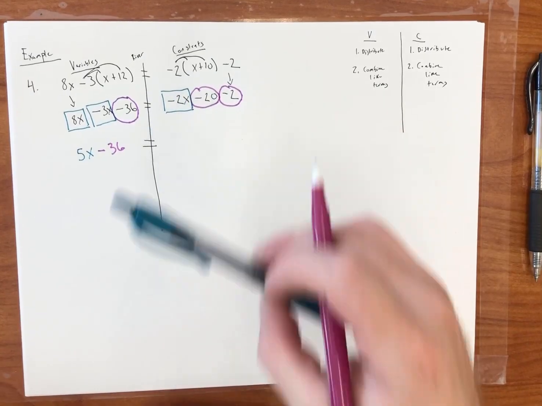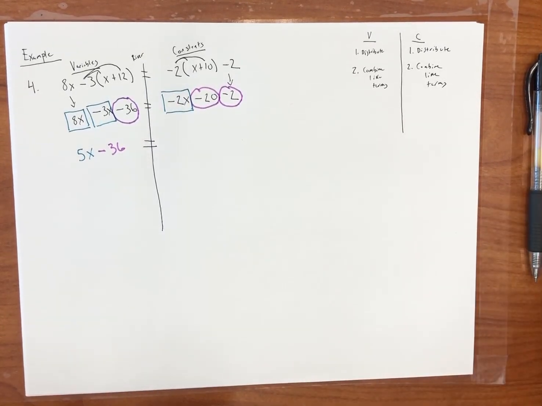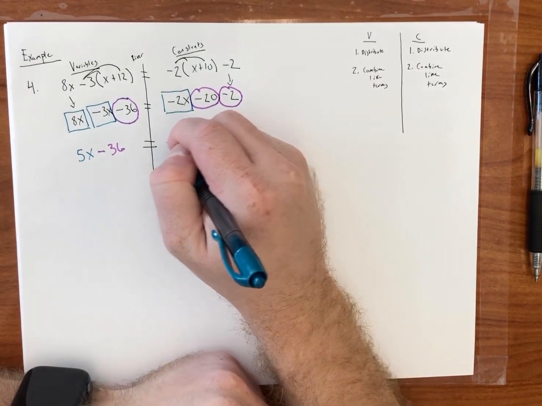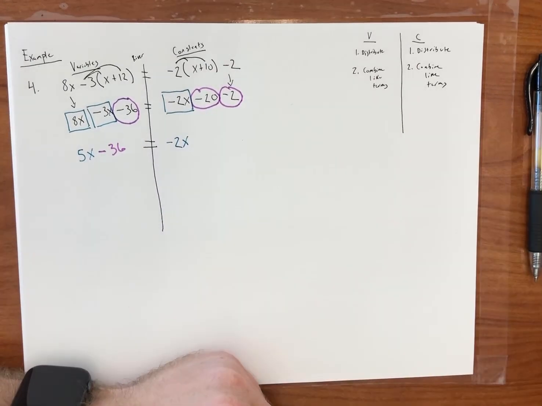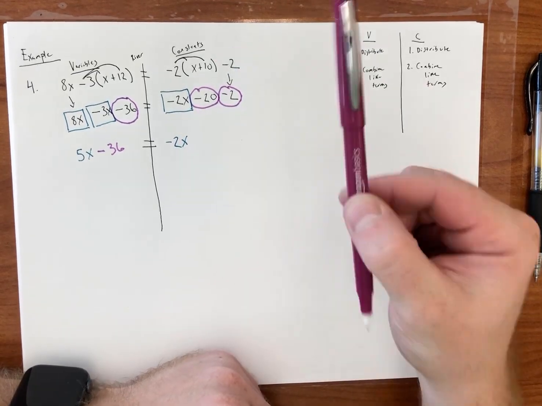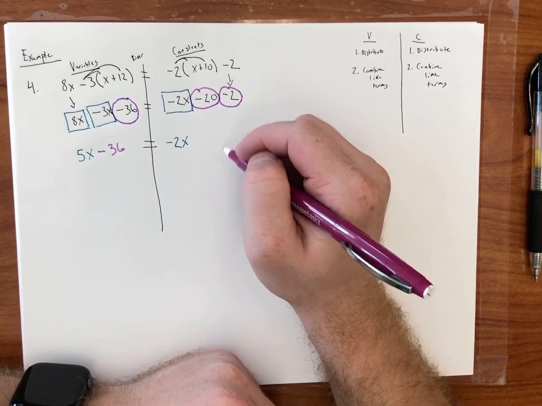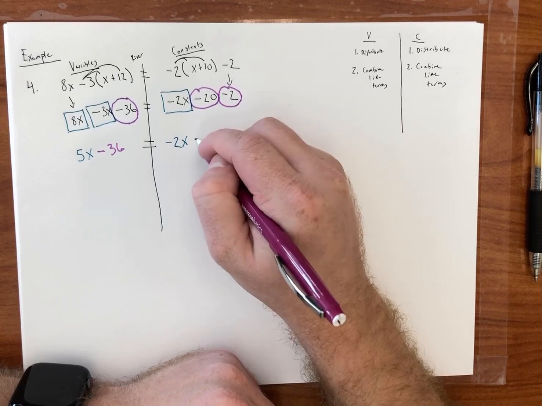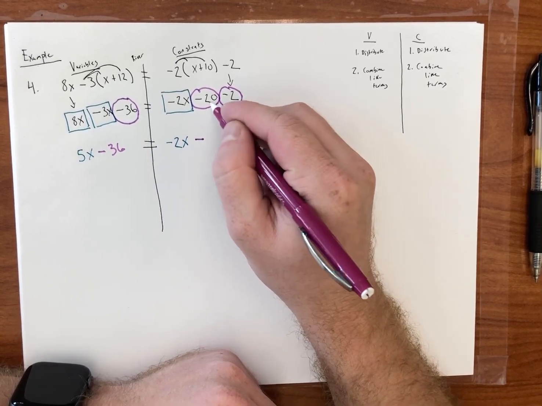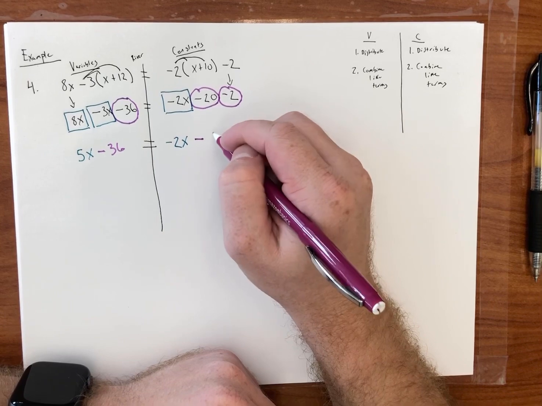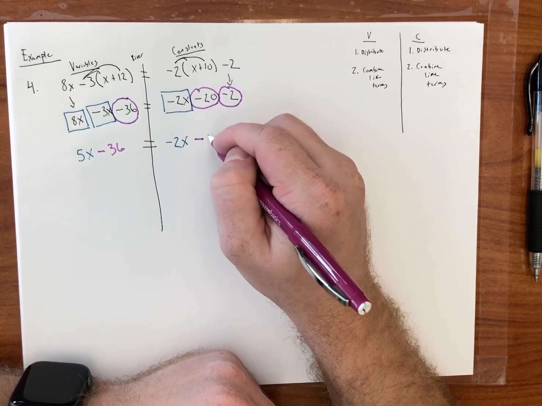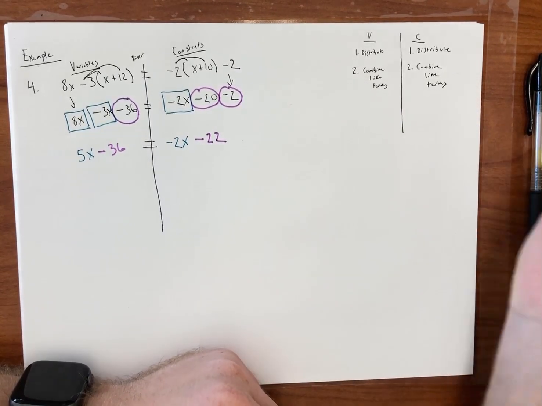Can I do anything with my variables? Do I have any other boxes over here? No. So I'm going to bring that down. Okay. But I do have 2 circles or 2 constants, so I can combine these. Now I have a negative minus a negative, which really means I'm bringing my negative down, and I'm adding these 2 together. 20 plus 2 gives me 22, so -22.